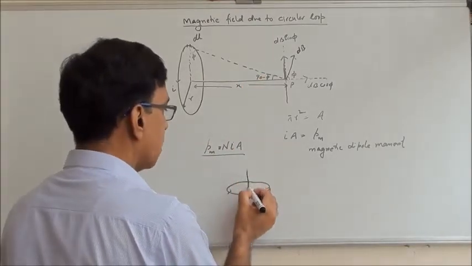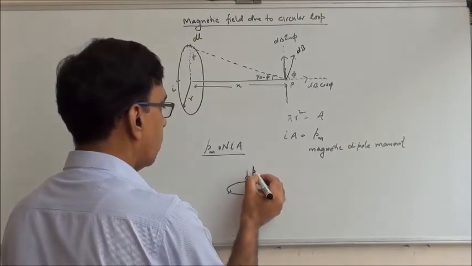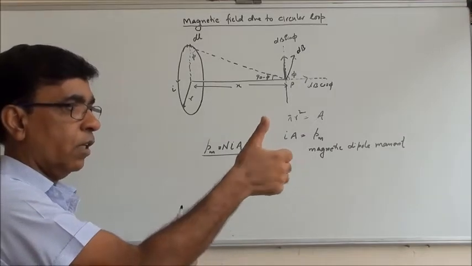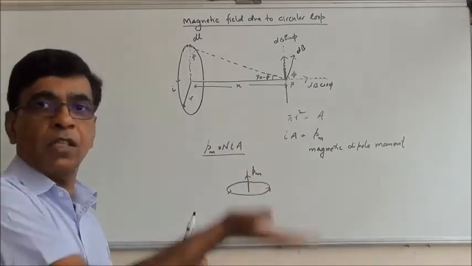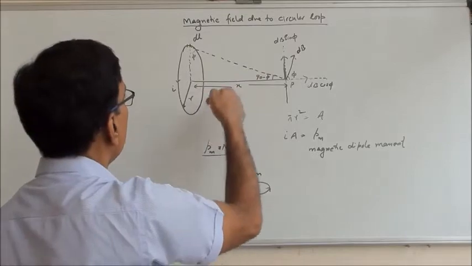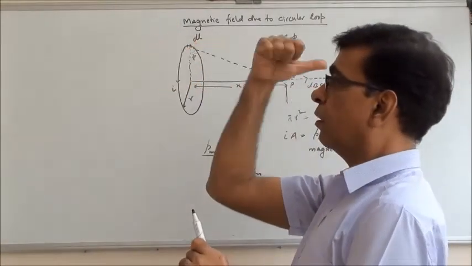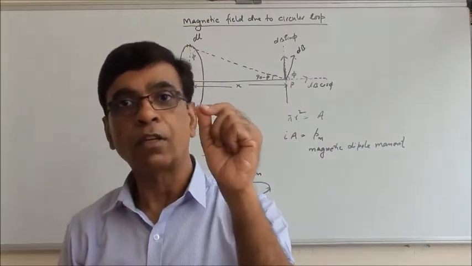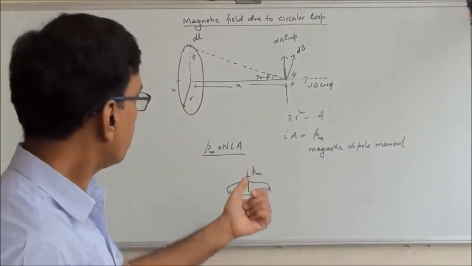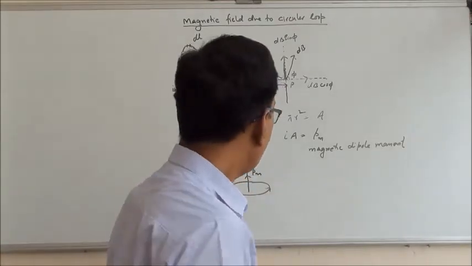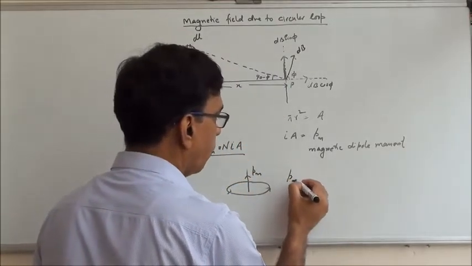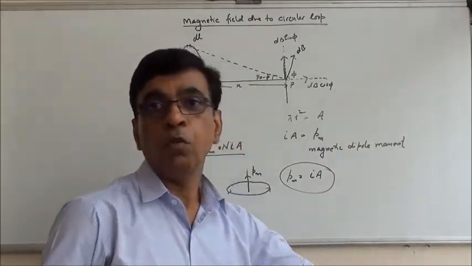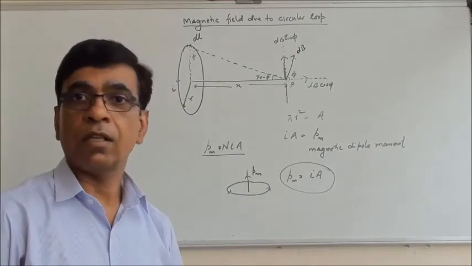So always perpendicular to the given loop. For this, what will be the direction of the dipole moment? This. So in the direction of the field, or we can say the field is in the direction of the dipole moment. Okay, so this is how we can find out the dipole moment of any current carrying loop, and this is how we can find out its direction.